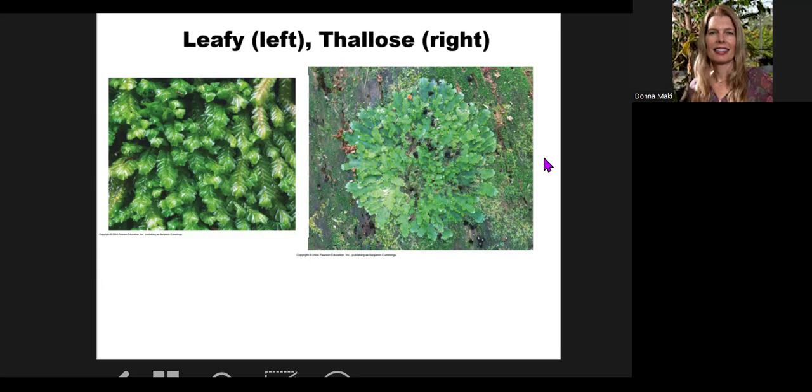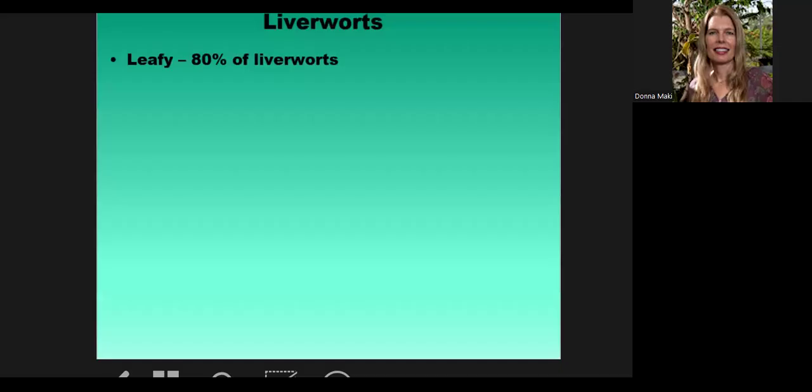The leafy is more abundant, believe it or not, even though in intro botany classes we tend to spend a lot of time on the thallose, because they have interesting body morphology. The leafy, though, is actually more abundant. You can find more species. So that's important for you to know for Friday. 80% of all known liverworts are the leafy type.